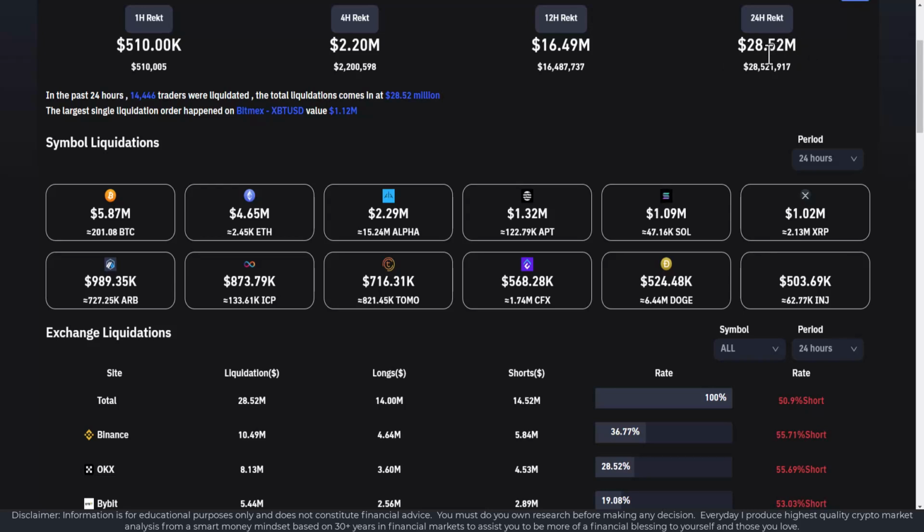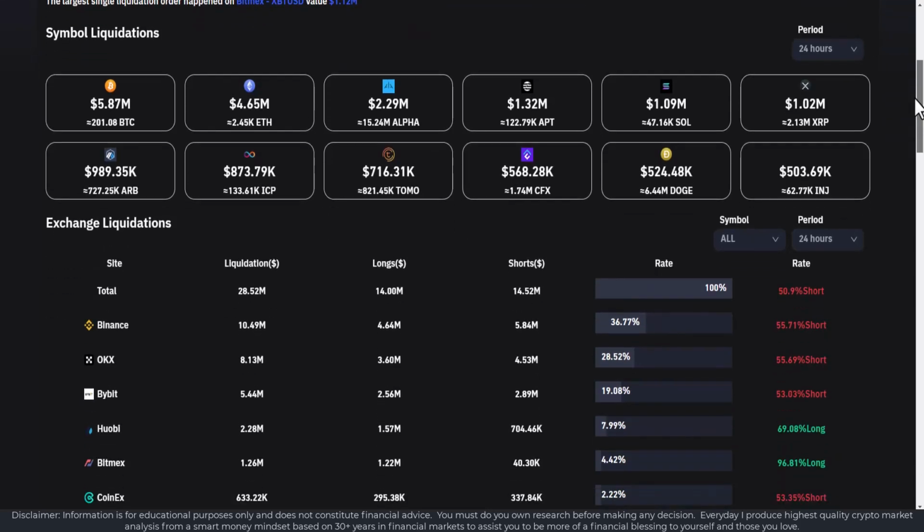Well, it's about meh sentiment at the moment. 24-hour liquidations, 28.52 million across 14,446 trading positions. And when we look at liquidations in the past 24 hours, we can gain an understanding of what has the market's attention.